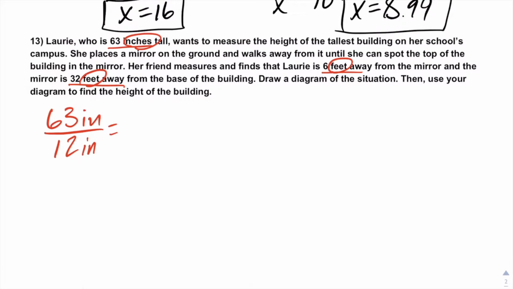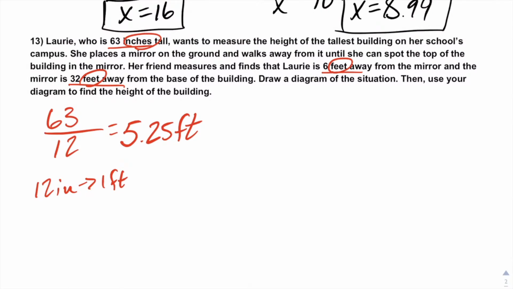How many times is 12 going into 63? 5.25, and that's going to be feet. So we got 5.25 feet.